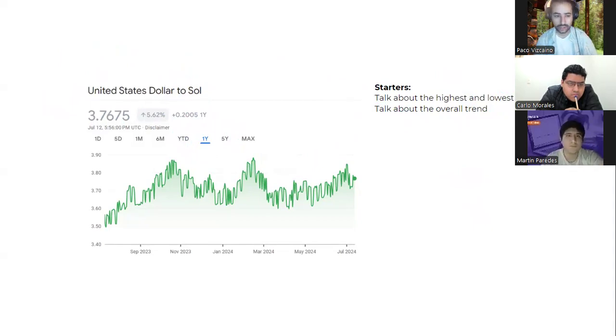Okay. So Martin, what is your comment on this graph? How could you start presenting this graph to an audience? Okay, in this graphic, we see the peak of the value maybe in the period between March and January, maybe February. We can see the peak value near 3.9, the value of the dollar.